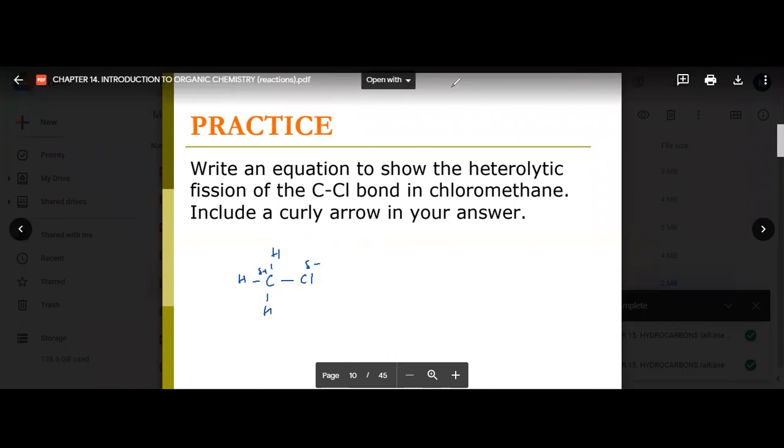Yeah. So the curly arrow will go from the covalent bond to Cl. Okay. To produce a carbocation, C plus with Cl minus.